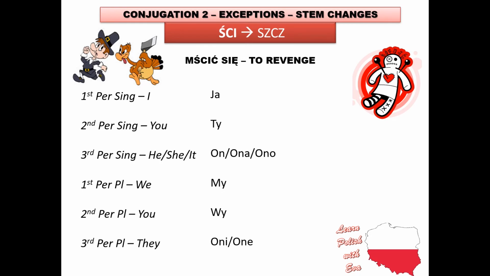But before that, we have to conjugate the verb. So we remove the ci of the infinitive and are left with the stem mści. Then we add the adequate verb endings, but the first person singular and the third person plural will experience this stem change from ści to szczy. And the final verb will look like this.